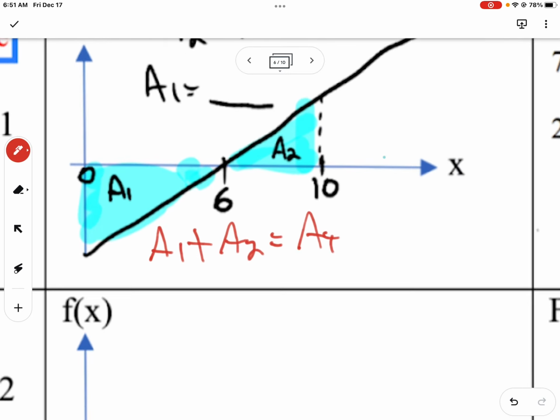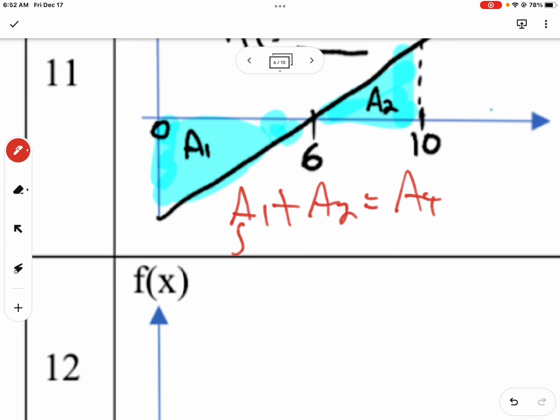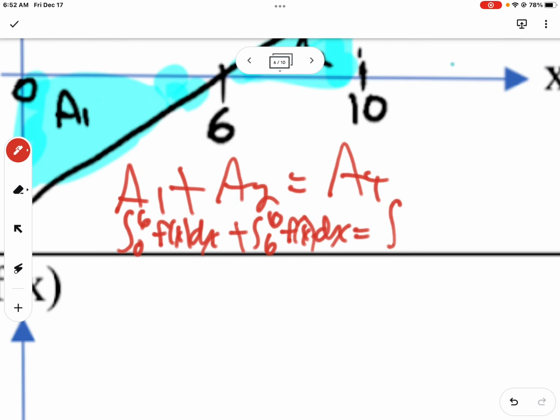And by the way, what is this really? This is the integral from 0 to 6 of f(x) dx plus the integral from 6 to 10 of f(x) dx has to equal the total area, which is the integral from 0 to 10 of f(x) dx.